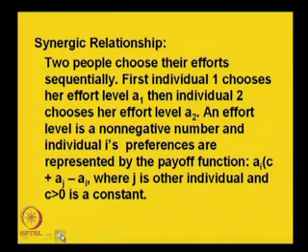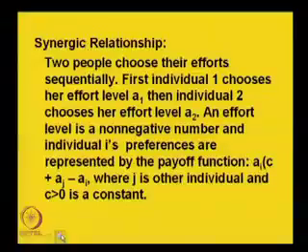So, if this is the game, then I have to find out, for example, what is the subgame perfect equilibrium in this game. Remember, in this game player 1 is moving first. After player 1 has chosen a1, his effort level, then player 2 moves choosing a2.